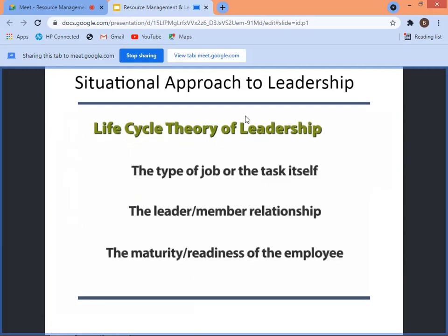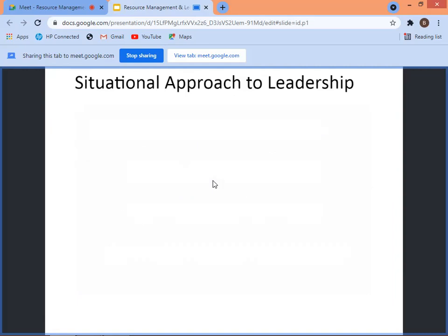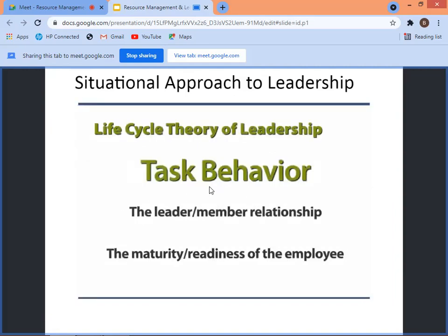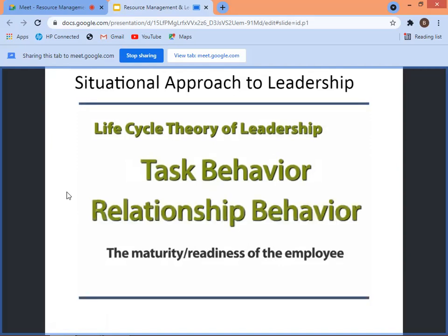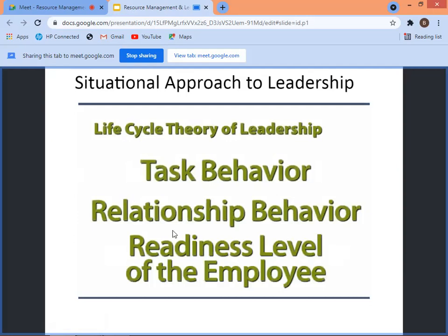So again, the life cycle theory of leadership: the type of job or the task, or the task behavior, the leader-member relationship or the relationship behavior, and the readiness level of the employee. This is the life cycle theory of leadership.